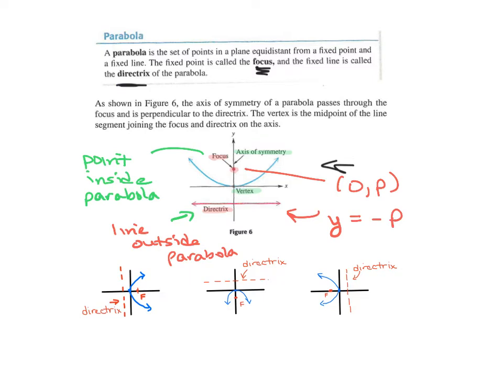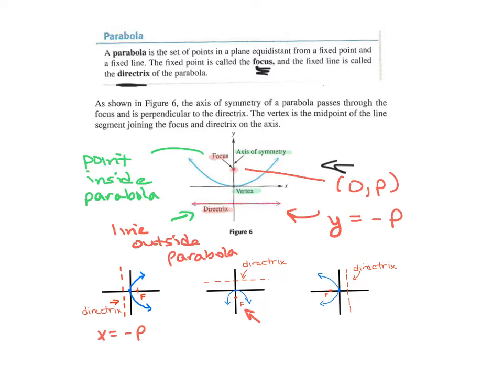Now, when our parabola opens left and right, this time our directrix is going to be x equals negative p. Over here, if I wanted to figure out my focus point, it's going to have the p-value.